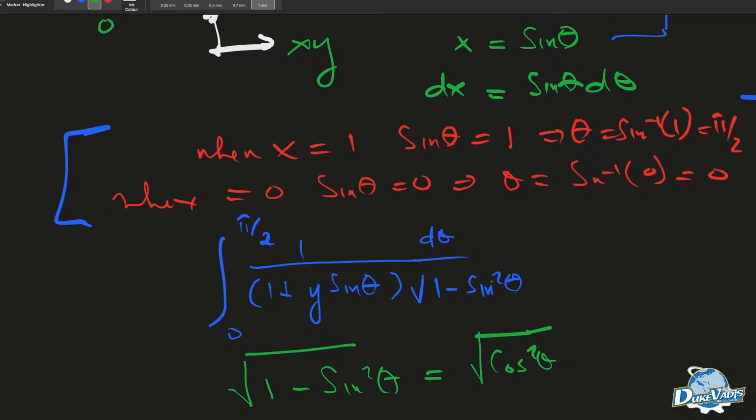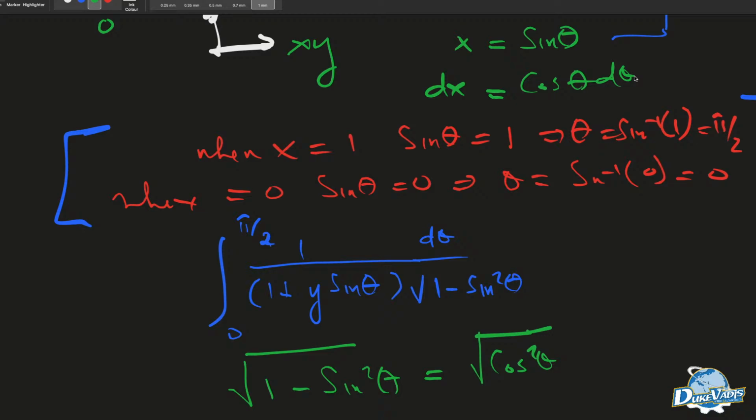When we differentiate sine over here, we get cos theta d theta, not sine theta d theta. So that will be cos theta d theta.